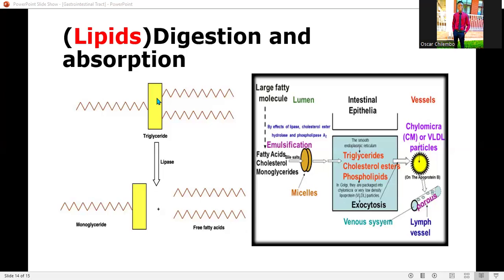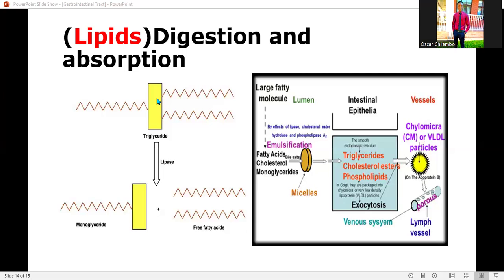In this case, the soap is acting as the bile salt. So before the lipase enzyme can act on lipids, we need bile salt to act on these larger molecules of lipid.